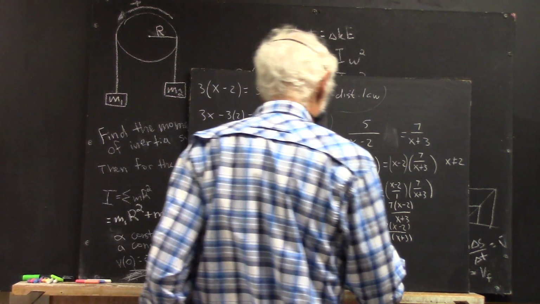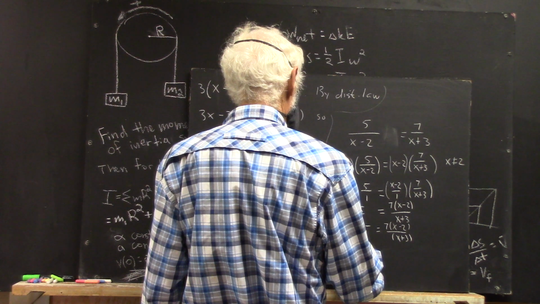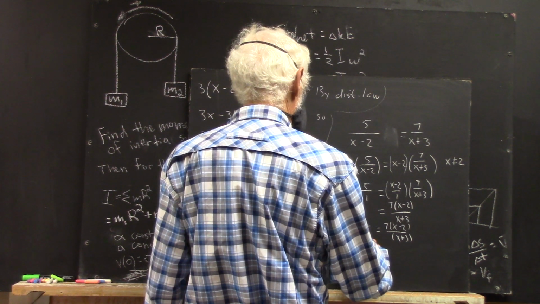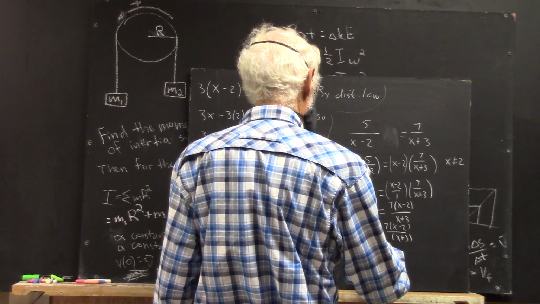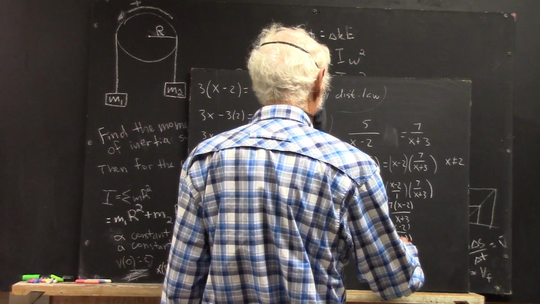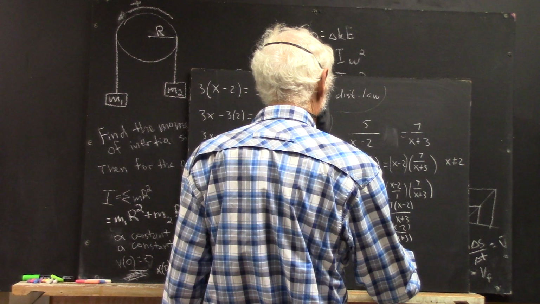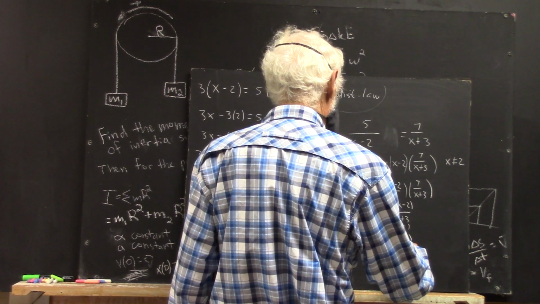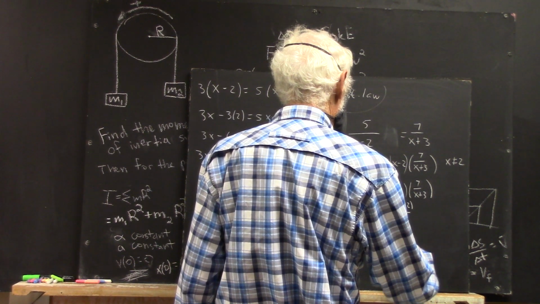Okay, so we get 5 times x plus 3 equals 7 times x minus 2 over x plus 3 times x plus 3.